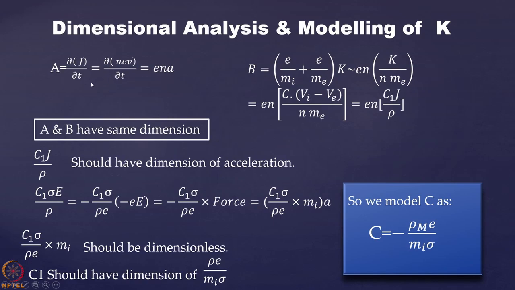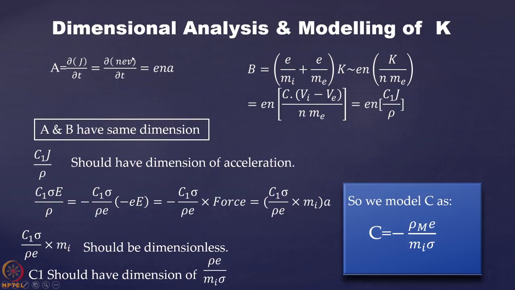Now we come over here. A is equal to del J by del T, and we are all familiar that J is equal to N e V. N is the number density, e is the electronic charge, and V is the velocity. This is the current density expression we all know from our electrodynamics classes. In this dimensional analysis, you don't bother about the exact values. You just concentrate on the dimension.